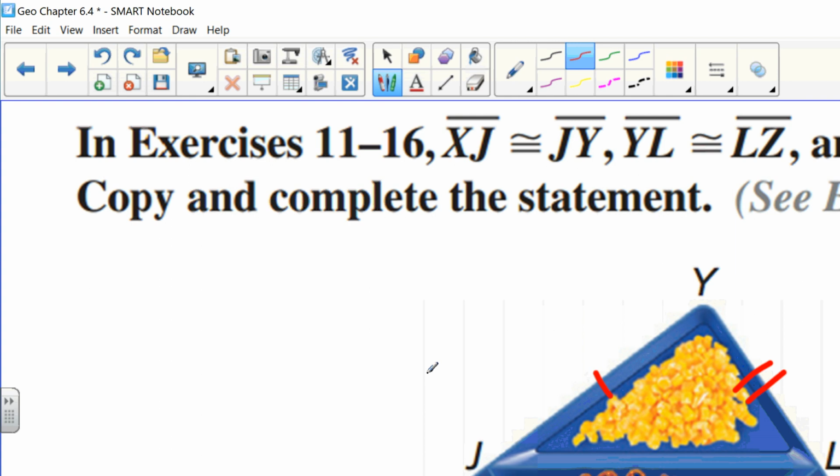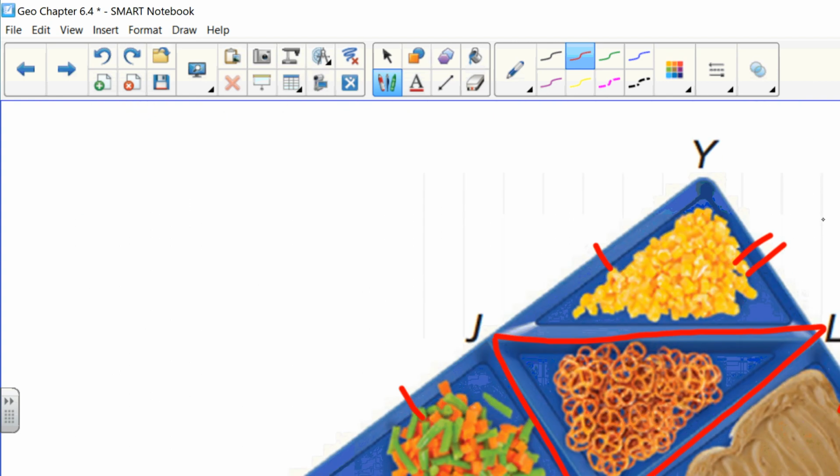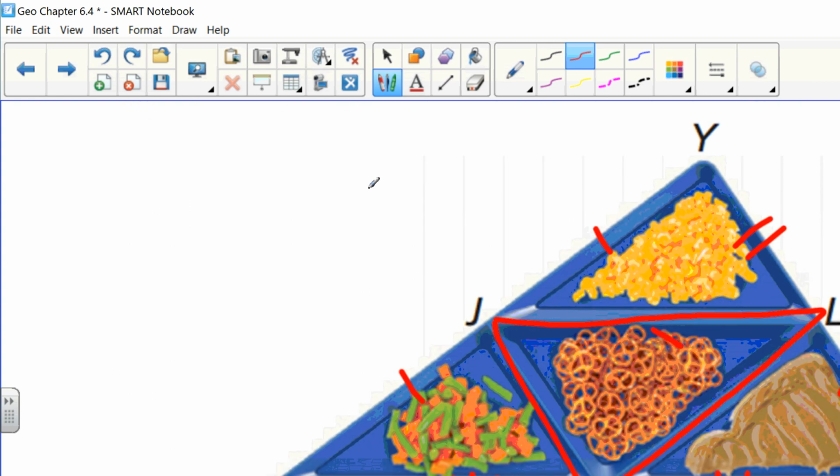So that means that these three here are our mid-segment lines. And the mid-segment lines are parallel to the third side. So these two lines here would be parallel. So JL is going to be parallel to XZ. These two sides are going to be parallel.